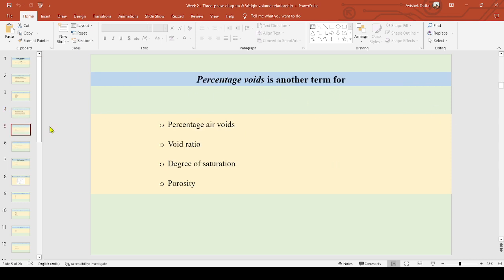Next question. Percentage voids is another term for.